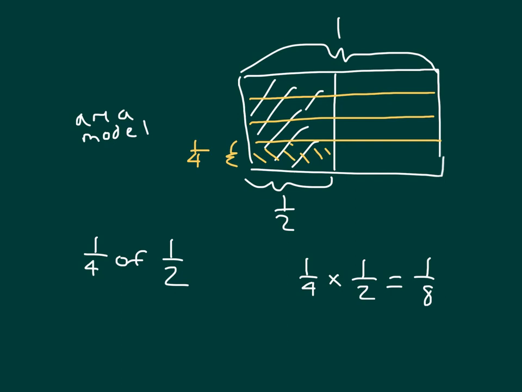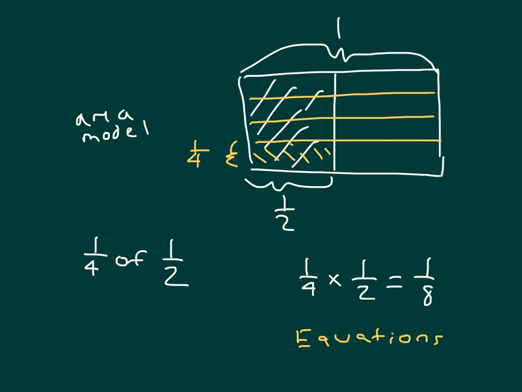Read this whole equation with me. 1/4 times 1/2 is equal to 1/8. There's the 1/4 within my model. There's the 1/2 within my model. And again, there is the 1 out of the 8 parts. So that's not only area models, but also equations.